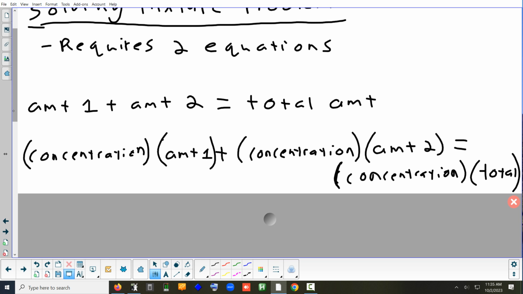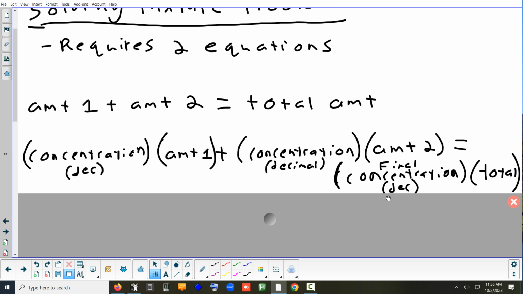We just have to make sure we always put the concentration as a decimal in all of them. So you have a concentration times an amount, plus a concentration times an amount, and then the final concentration, which is given to you in the problem, times the final amount of liquid they want you to make.